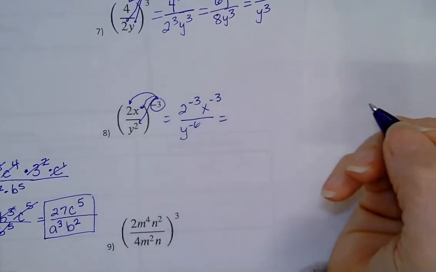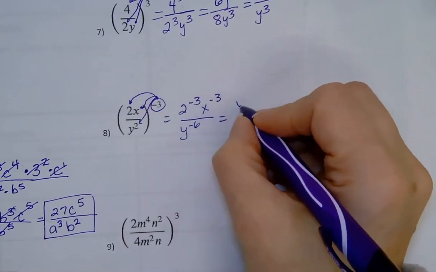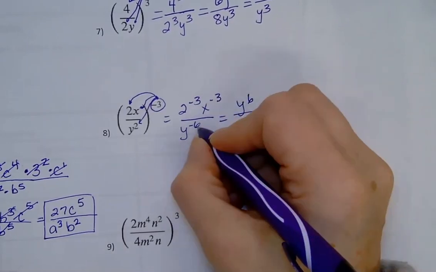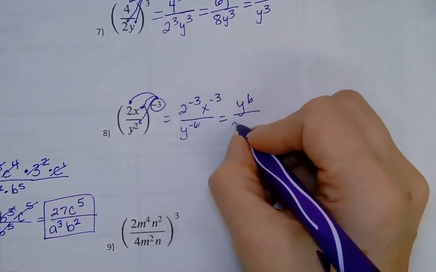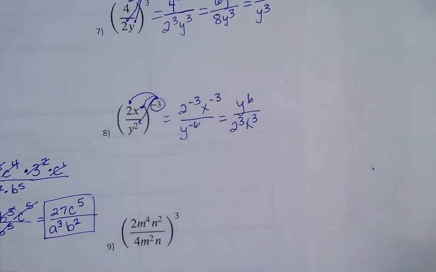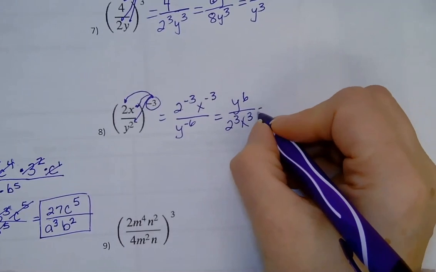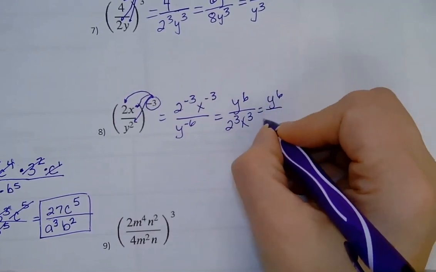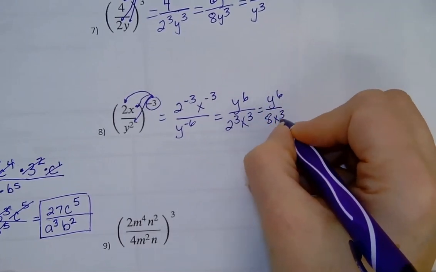And so when I simplify that out, I'm going to have y to the positive 6, right? He moved up. And I'm going to put 2 to the 3rd in the denominator and x to the 3rd in the denominator. And of course, that's y to the 6th all over 8x cubed.